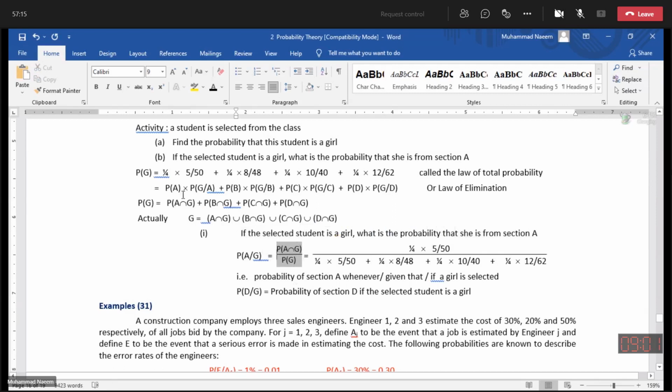The probability of the intersection, if we look at this portion, this is the intersection, its a probability, and this probability is equal to the product of probability of A and probability of G, and this product is equal to 1 by 4 multiply 5 by 50.